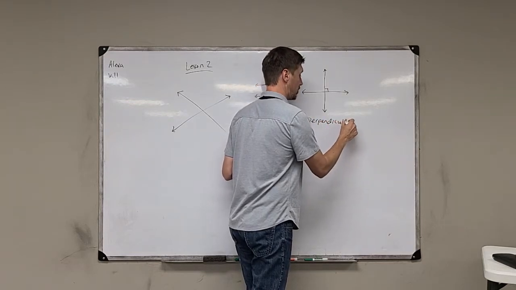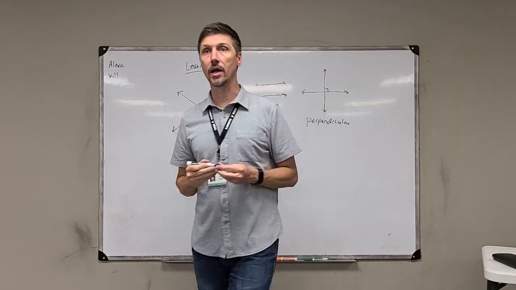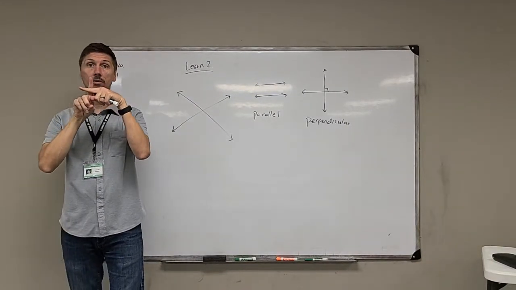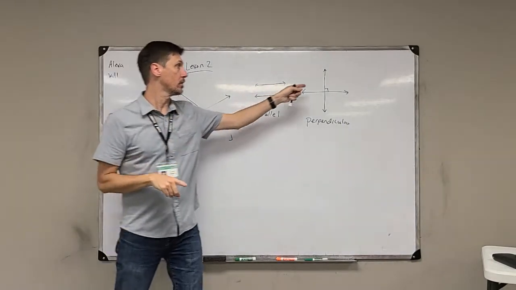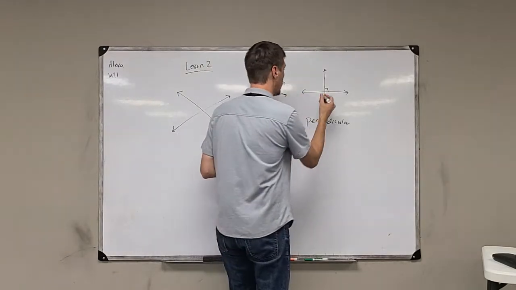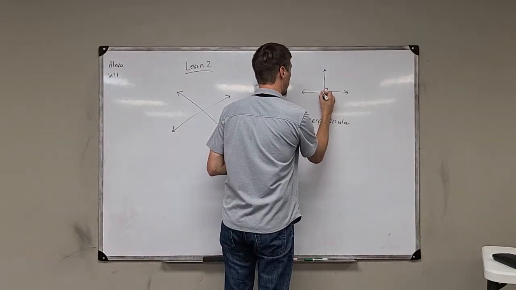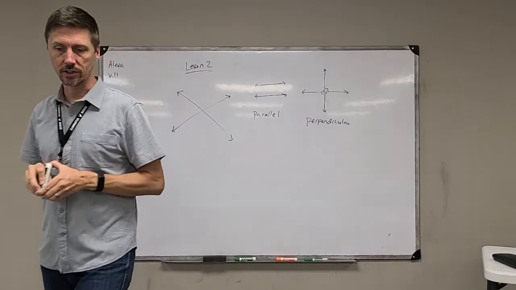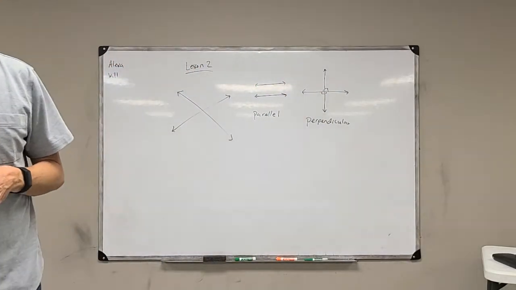Have you guys heard that term before? Perpendicular lines are lines that cross and form 90-degree angles, right? At every angle that's formed by these lines. We could draw this little square all the way around there to signify that it's 90 degrees on every side. All right, so those lines are considered to be perpendicular.